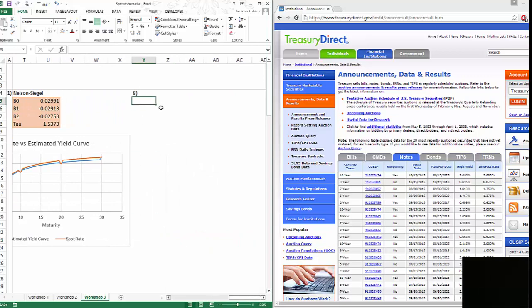So we're going to have our auction date is 10-15. Our maturity is 10 years. And our coupon rate is 2%.